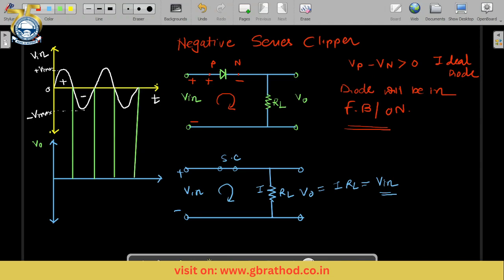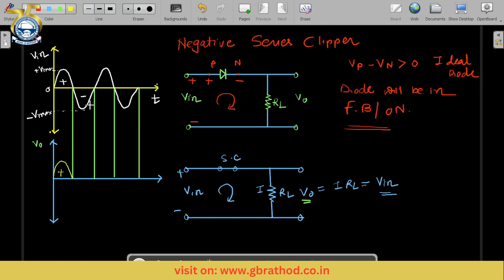So let us see what is happening for the positive half cycle. In the positive half cycle, V output is nothing but V input, so we can draw it this way. This is what our output is. From the name itself we can say that this is a negative clipper, so the negative part of this waveform will be clipped.